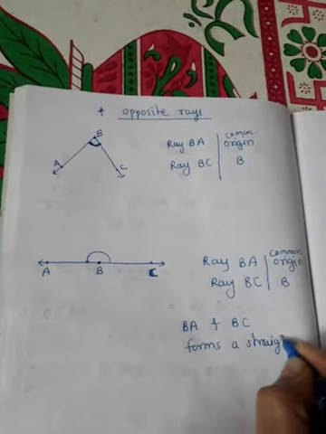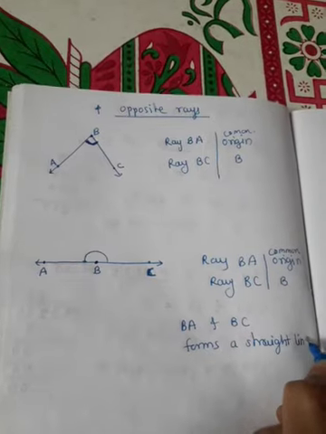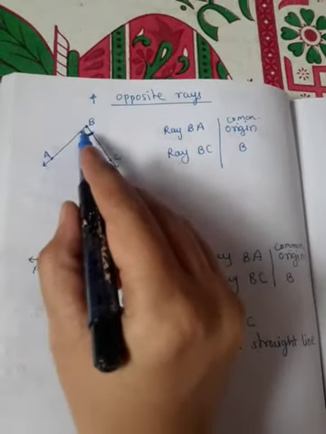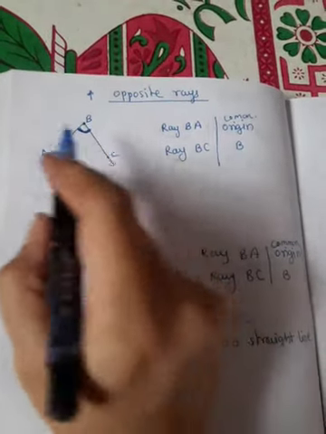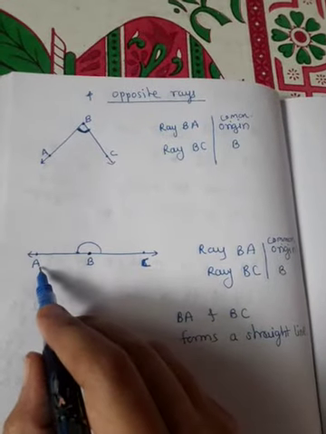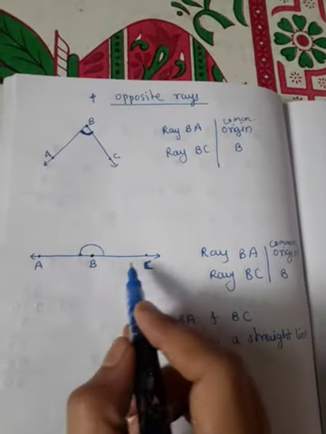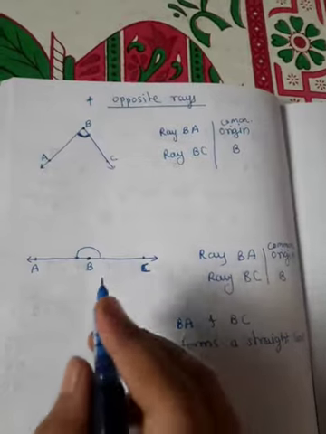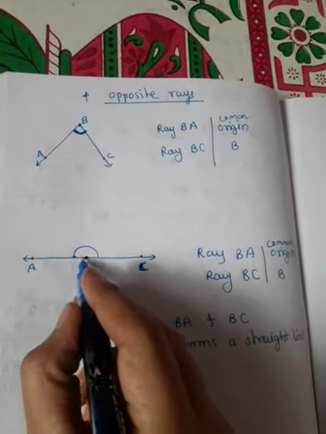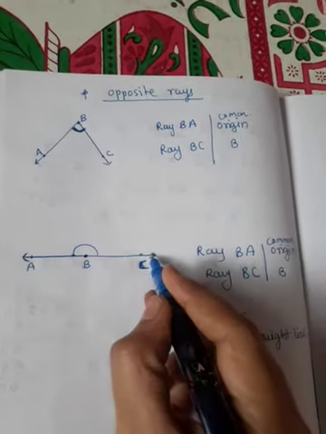In figure 1, rays BA and BC do not form a straight line, but in figure 2 the rays BA and BC form a straight line, and one more condition is that they are in opposite directions, okay.